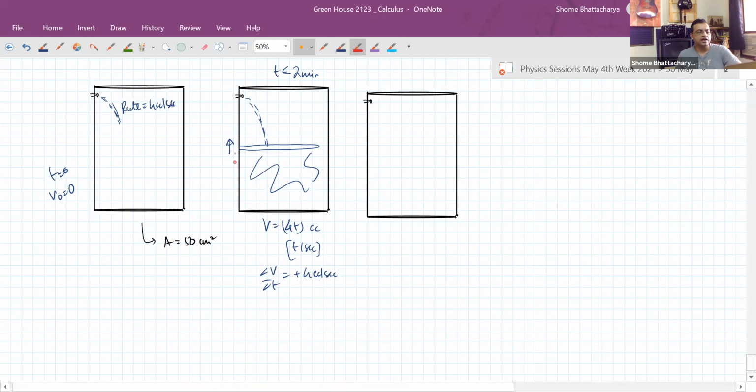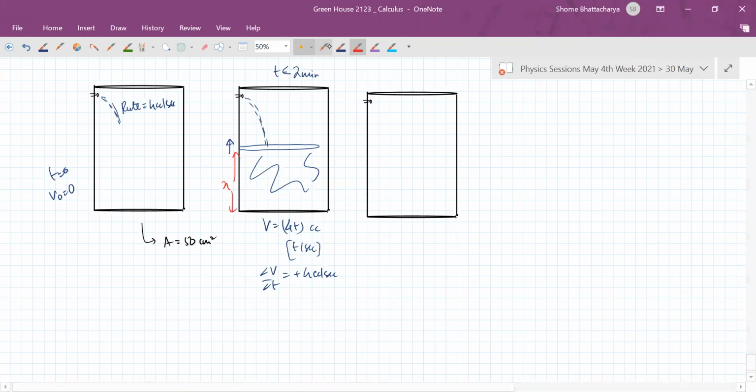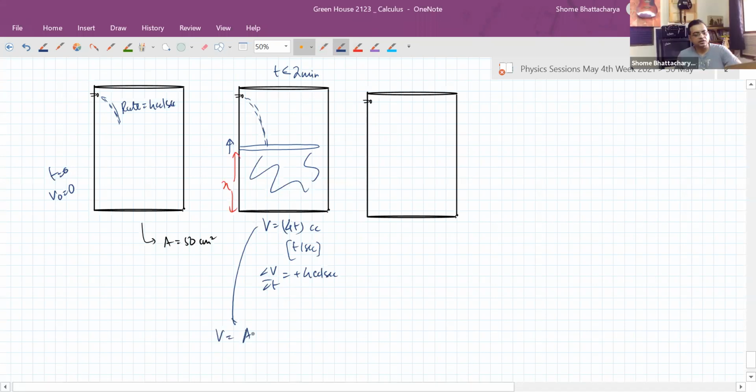What can I say about this height? Let's say this height is x. x should also be rising. So the volume of water in the tank we can write as area into x. So rate of change of volume with respect to time will become area into rate of change of x with respect to time.